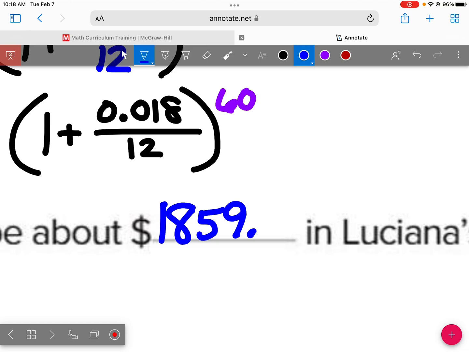And how many cents? 97 cents. Always two numbers after that decimal. I want you guys to try the check down at the bottom on your own. And then we will go over that together in about 2 or 3 minutes.